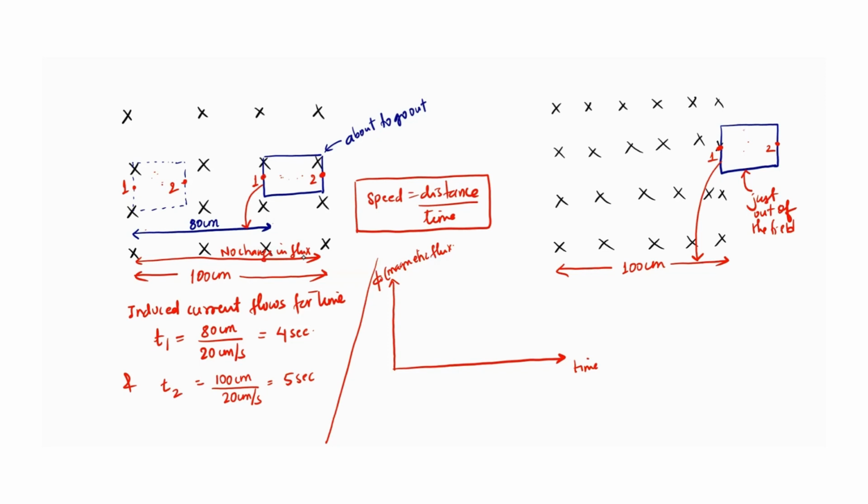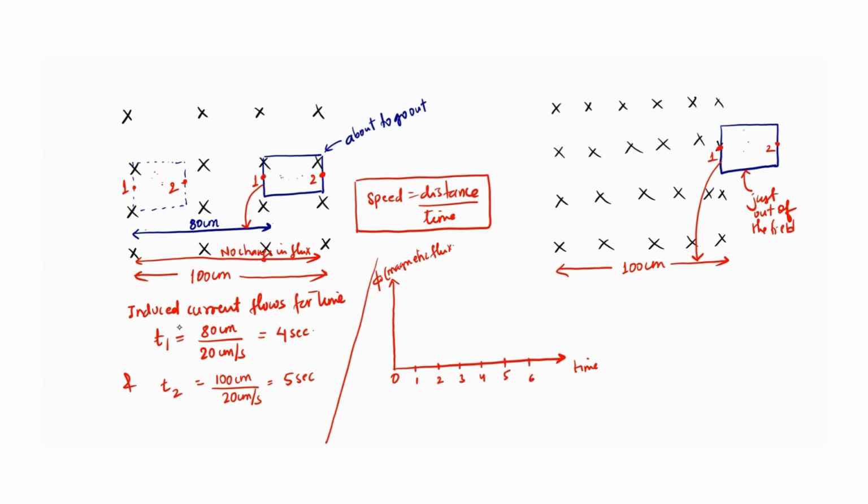Clear? So we have this inside the field. Clear? Now what we do? So let us denote in this way. So we have this.